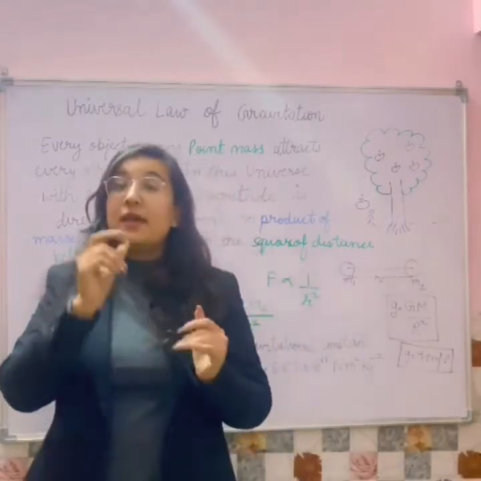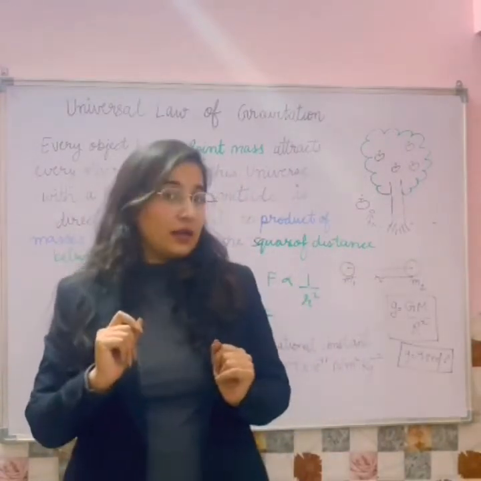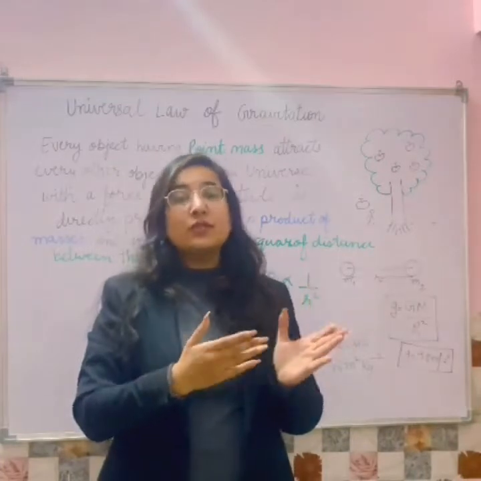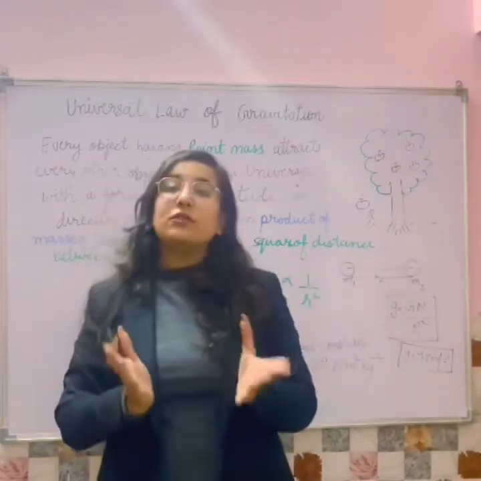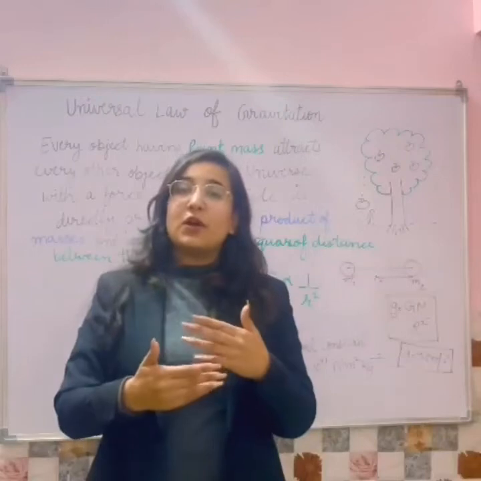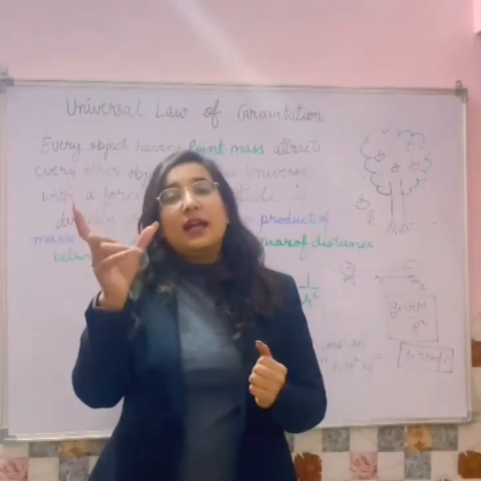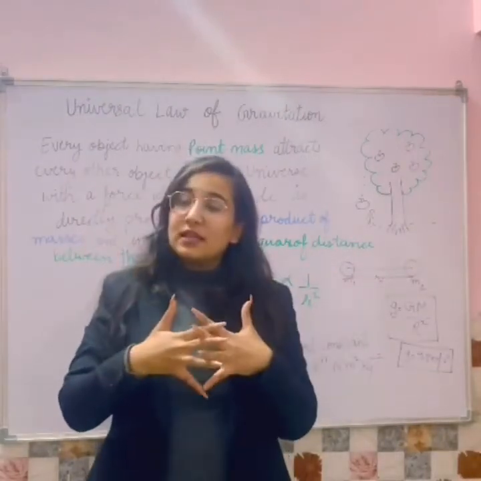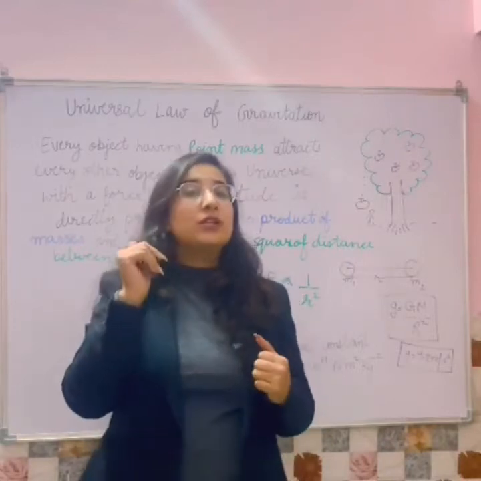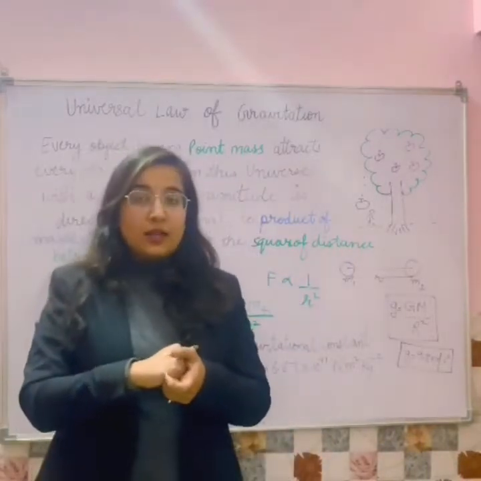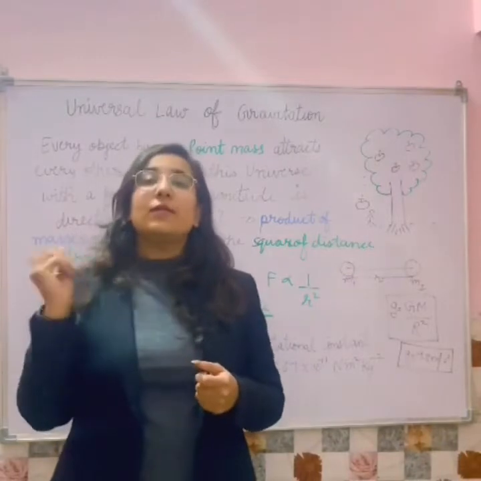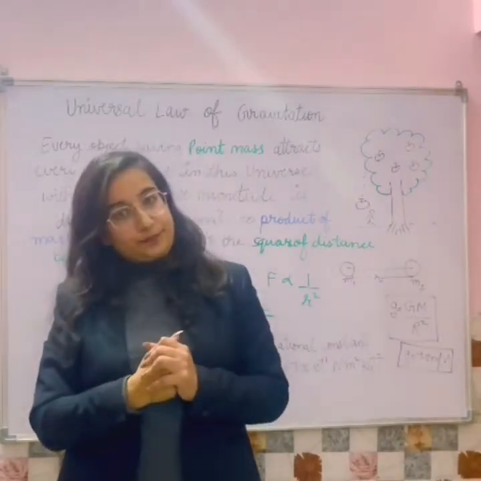That force is mv²/r, and that centripetal force balances the gravitational force of attraction. Because both forces balance each other, the moon is not falling towards the earth. Hence, it is revolving or orbiting around the earth.